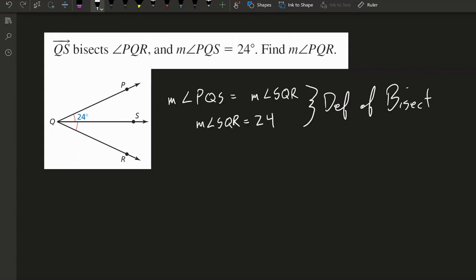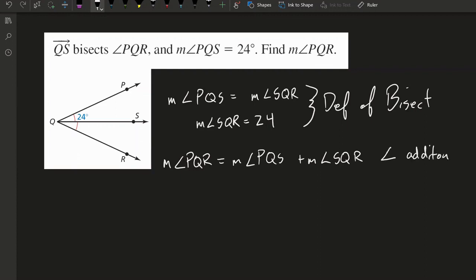Now I'm asked to find the measurement of PQR. The measurement of angle PQR is equal to the measurement of angle PQS plus the measurement of angle SQR. That is because of the angle addition postulate.